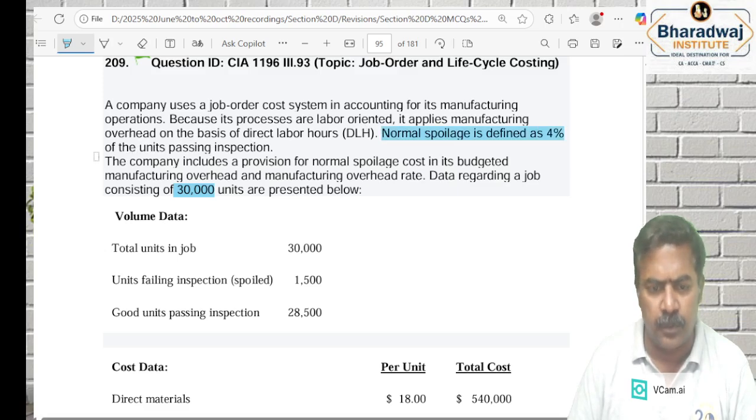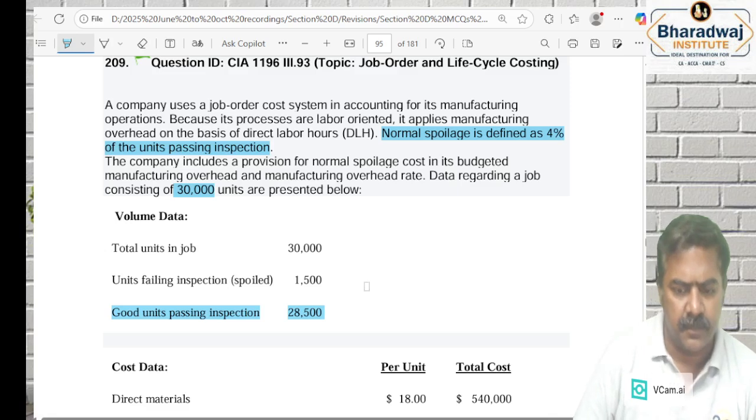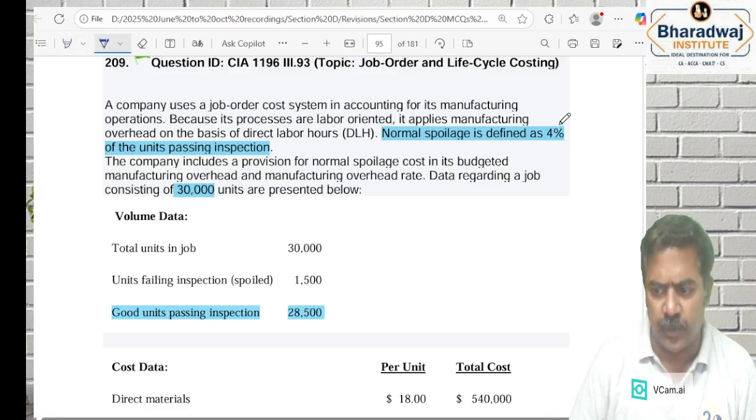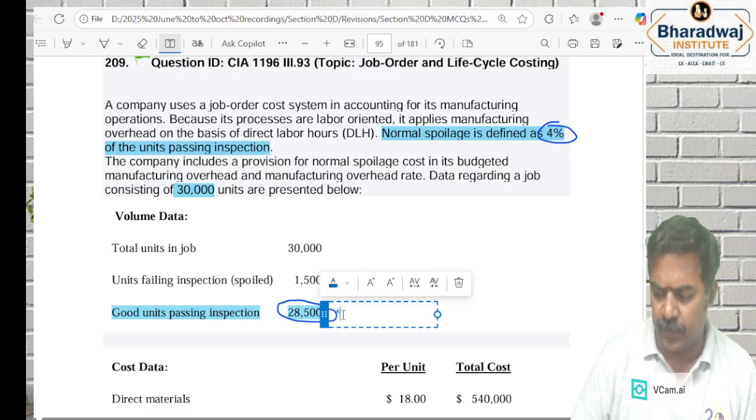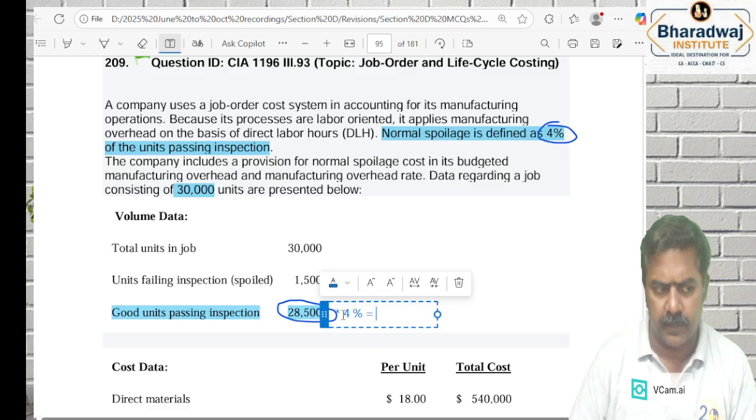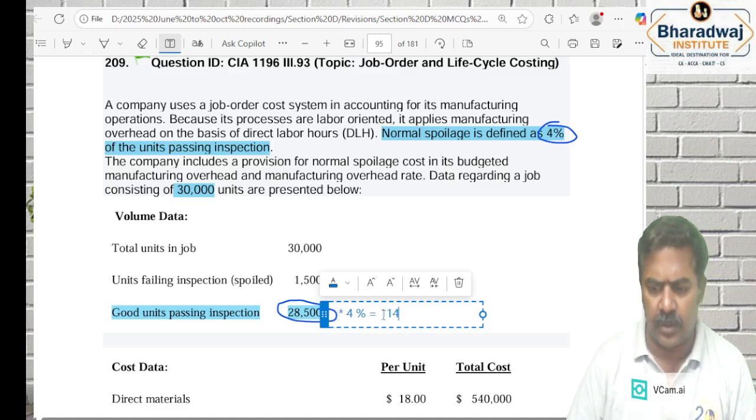Normal spoilage is 4% of the units passing inspection. So not total units, good units passing inspection, it will be taken at 4%. Work out this 4% not on 30,000, on 28,500. 28,500 into 4% is 1,140.